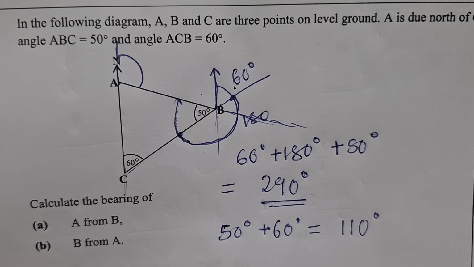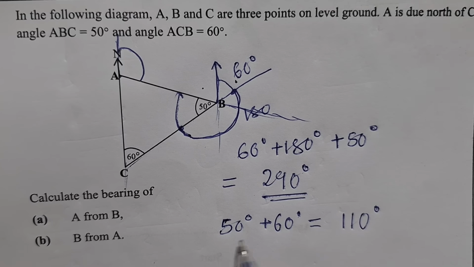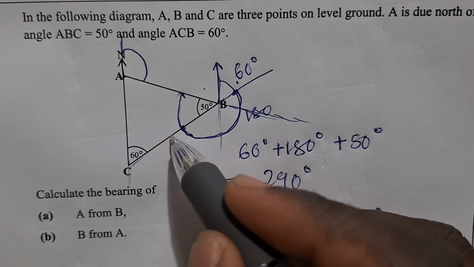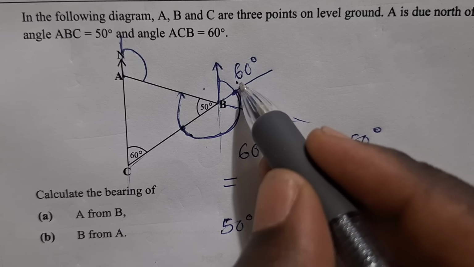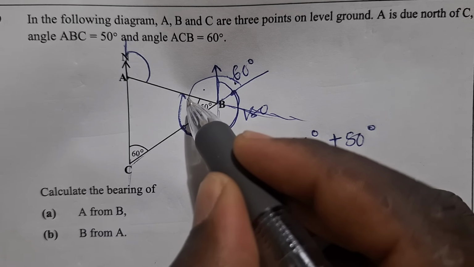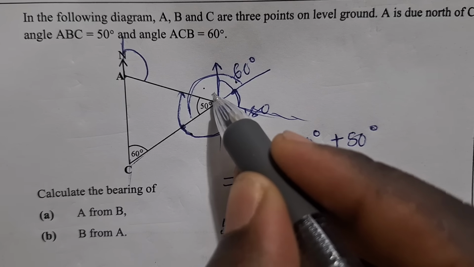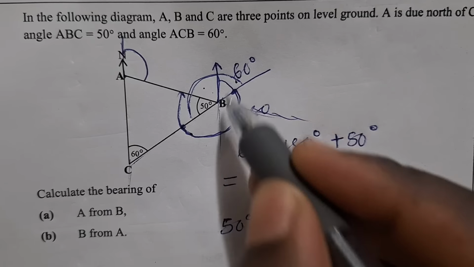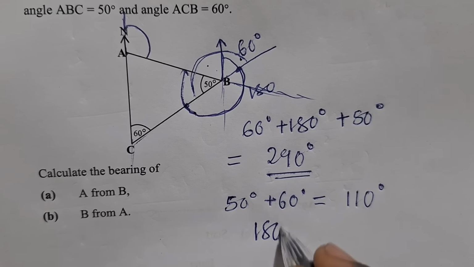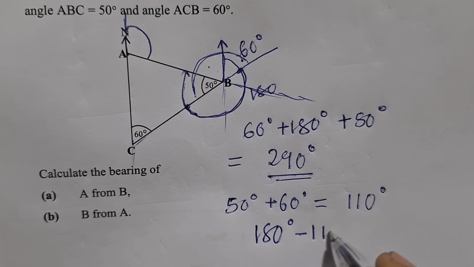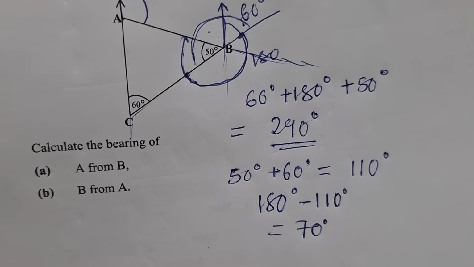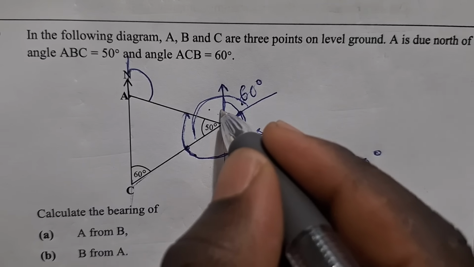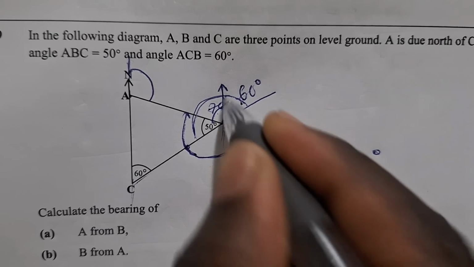110, okay? You see, it's giving us 110, and then this is a straight line. Since it's a straight line, we know that the angle here is 180. So in order for us to find this, since we've added, we're going to subtract from 180. So 180 degrees minus 110 gives us 70 degrees, meaning the angle here is 70 degrees.